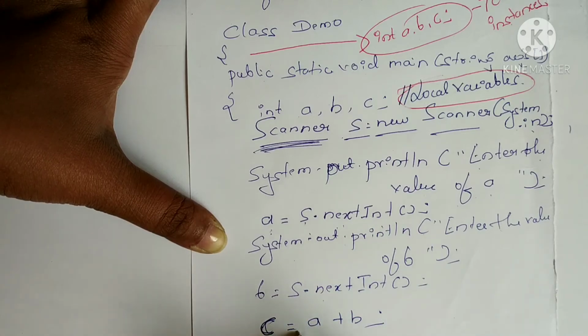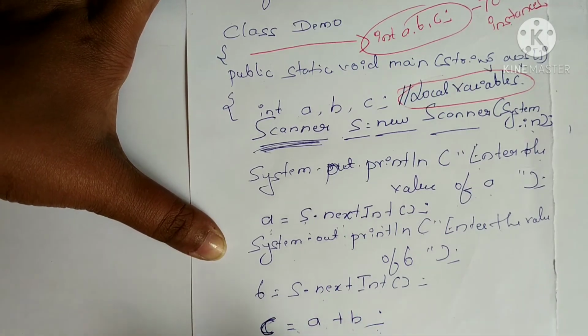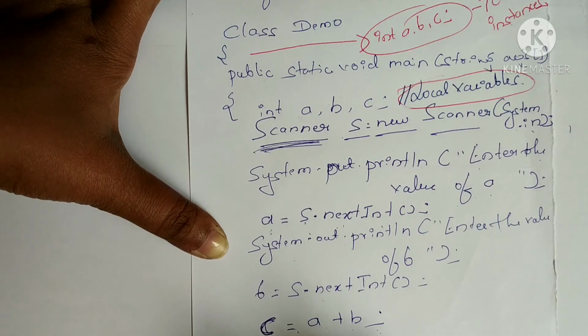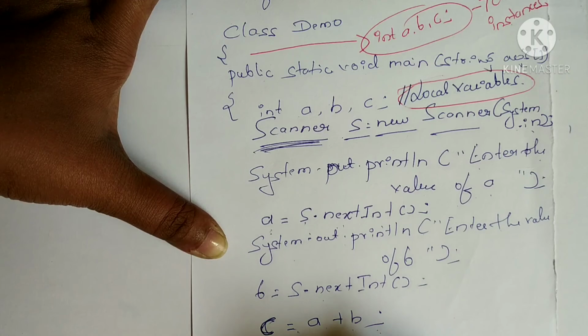Then c equal to a plus b is also done. Then finally we have to write the statement for the addition of two numbers. For that we use System.out.println.